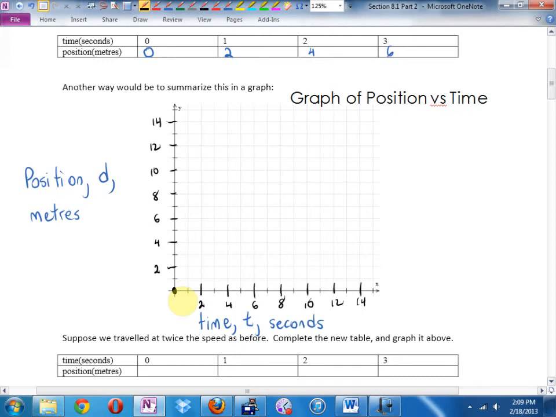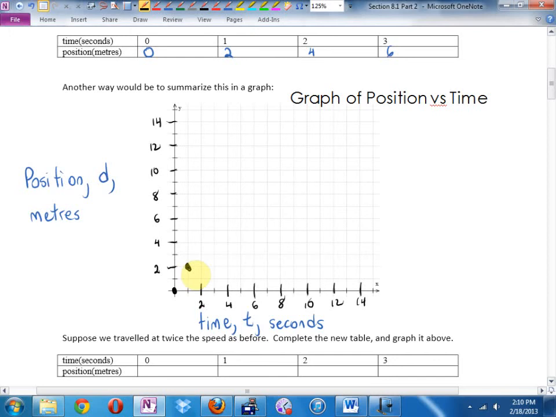After 1 second, where were we? Which one? Read from the chart. After 1 second, where were we? 2. So 1 second over, 2 meters up, like that. 1 over 2 up.